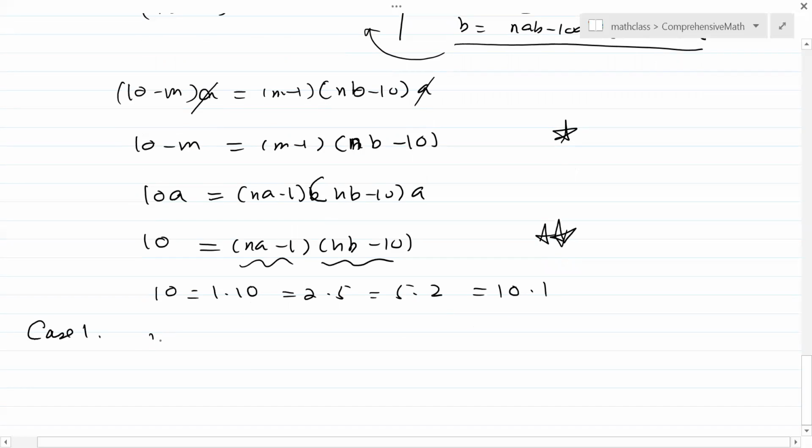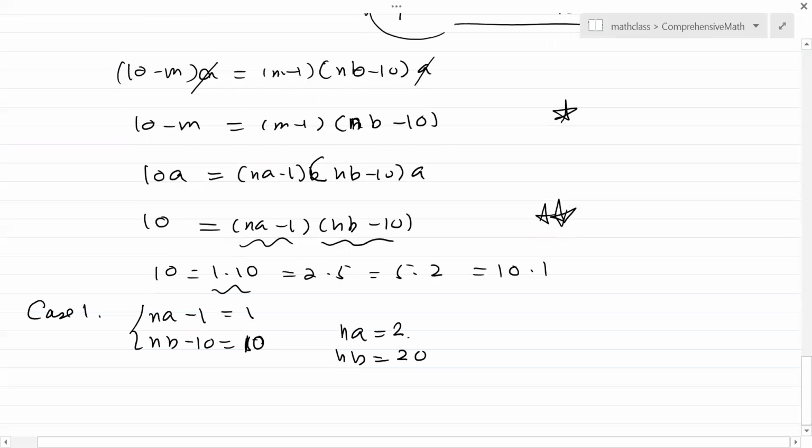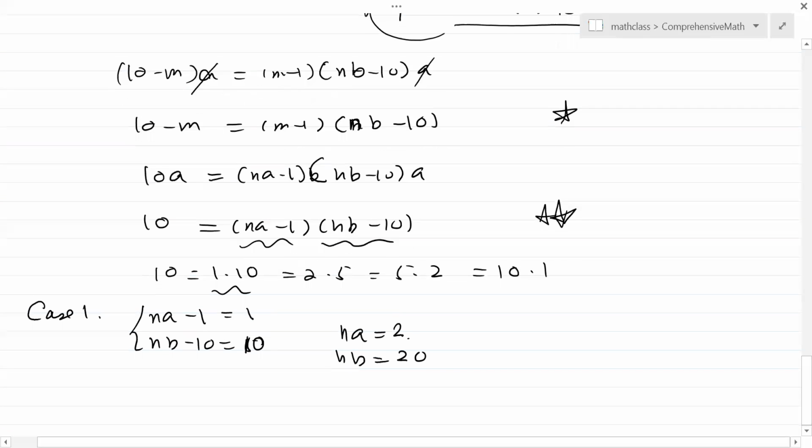Case 1: na minus 1 equals 1, and nb minus 10 equals 10. Just the first case. Then you will get na equals 2, and nb equals 20. I think it's impossible.